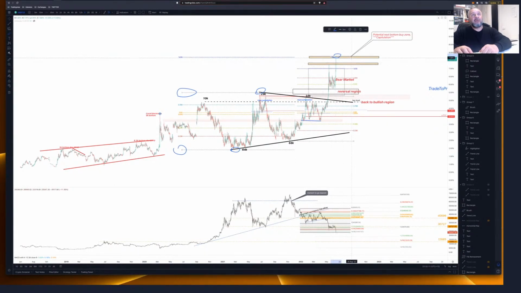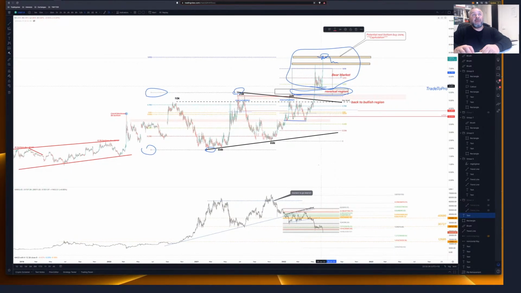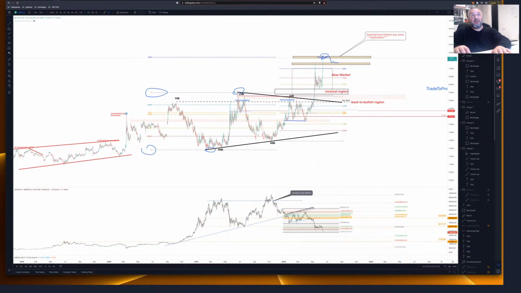Now, I think we're going to find resistance here, and then it's going to come back down. This was my reversal region, and this is the bear market region with Tether dominance. It's working. It's really responding to those fib levels. So I do think this is a good indicator that we're very close to the bottom.